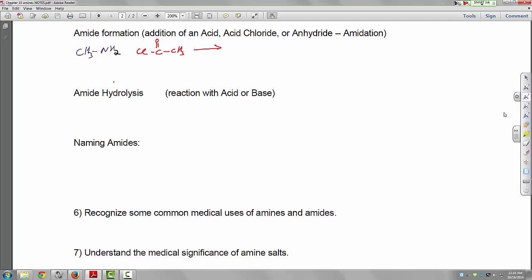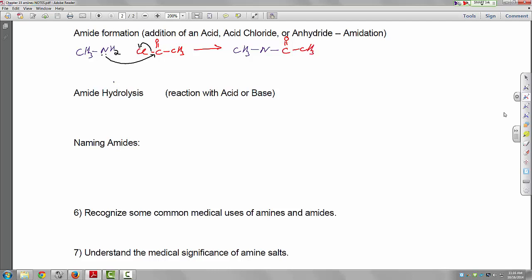Okay. So what happens here now is the nitrogen, it's got an unshared pair of electrons, it bonds to this carbonyl carbon. This bond breaks, and so the chloride ion is left by itself, and what we end up getting, right, the nitrogen now is going to be bonded to this carbonyl carbon.